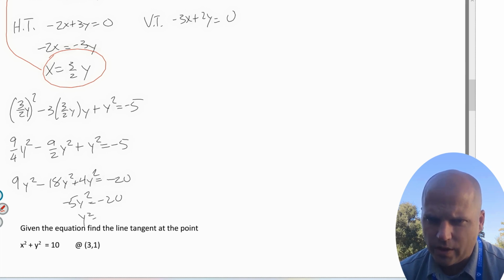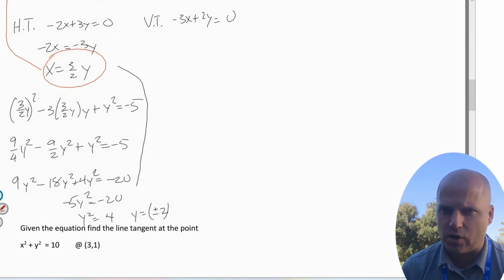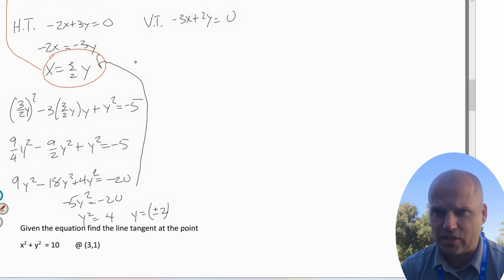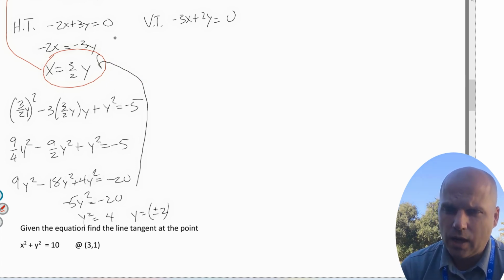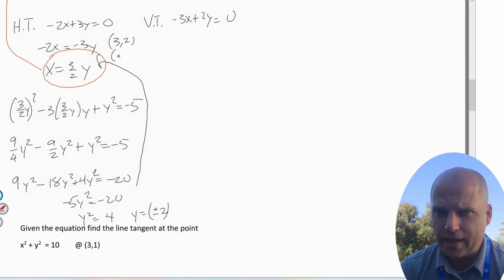And I get y squared equals 4, which means y equals plus or minus 2. Now, what's great about these, even though it seems harder, finding the points is actually easier. If y is positive 2, x is 3. If y is -2, x is -3.